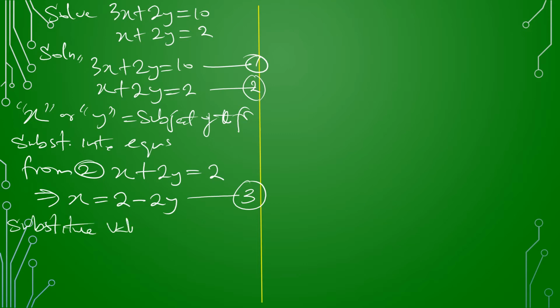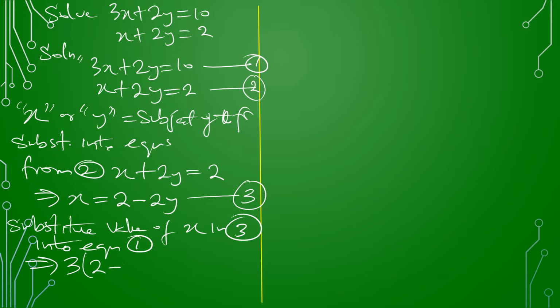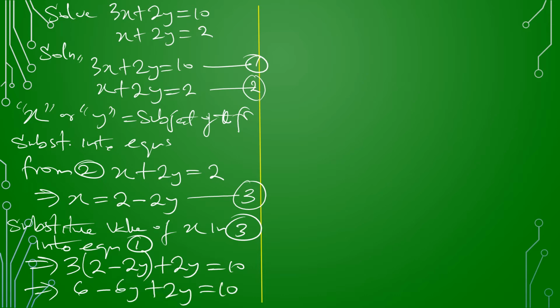Now, substitute the value of x in equation 3 into equation 1. We now have 3 into 2 minus 2y plus 2y is equal to 10. We now have 6 minus 6y plus 2y is equal to what? 10.